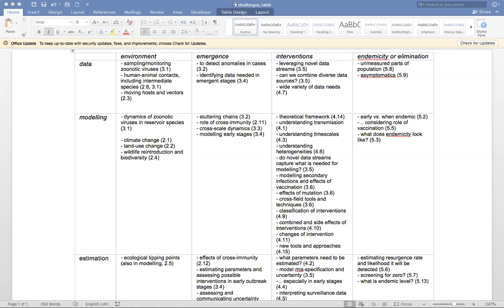Yeah, agreed, totally. So the challenge for this challenge series is how to link this. I don't know what the solution is. It's difficult to sort out, right? We have this overlap between environment and emergence.